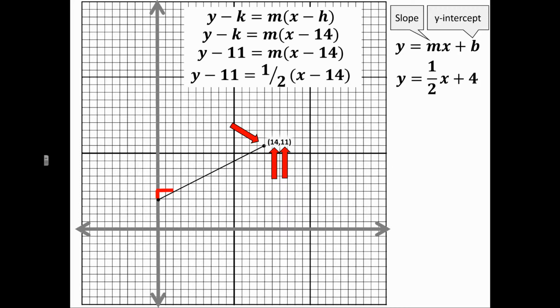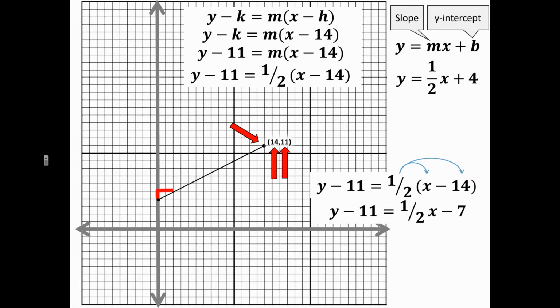So sometimes, instead of writing an equation as y equals mx plus b, they'll write the equation in this slightly more complicated way. Notice, if we take this, we just drag it down here, we distribute the 1/2. So we take that 1/2 and we distribute into the parentheses.